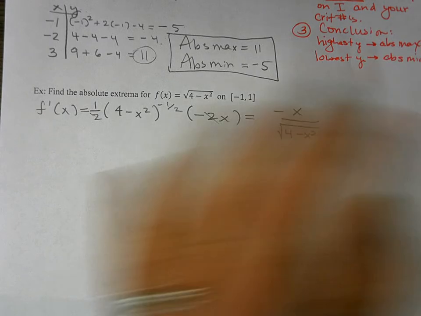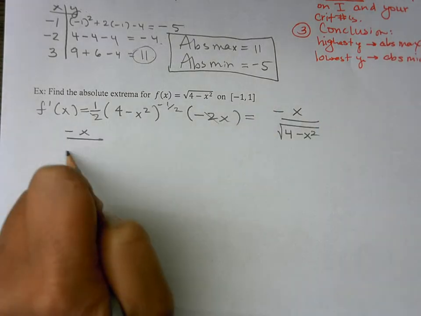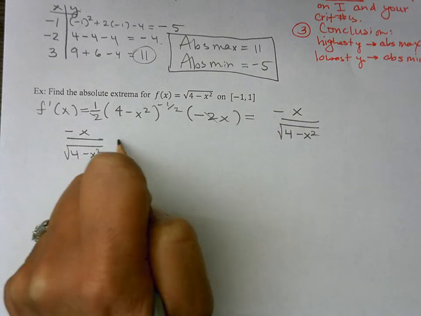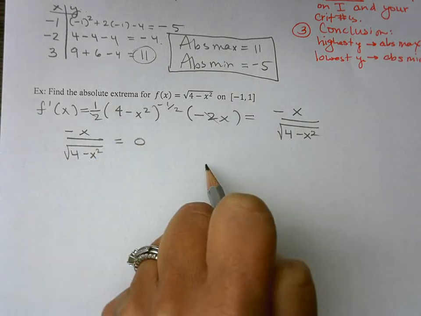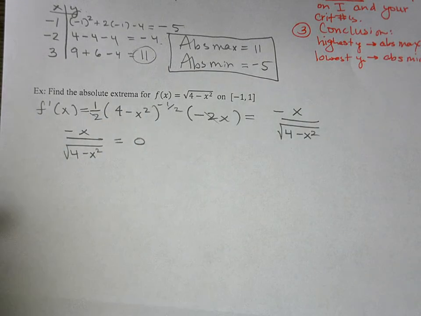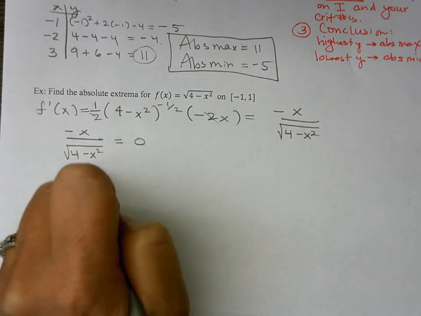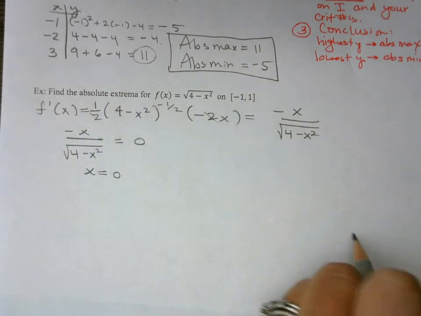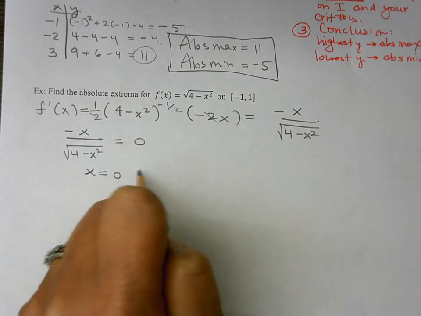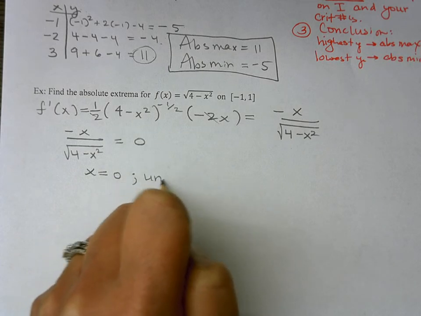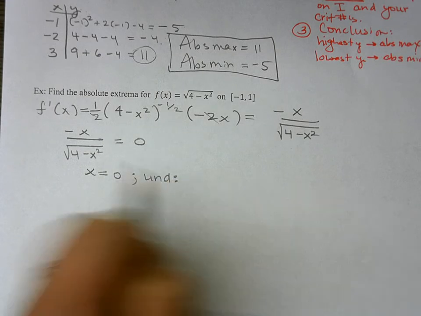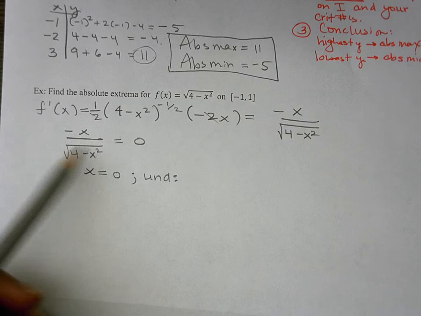So then now to find my critical numbers, I'm going to set this equal to 0, but I'm also going to look to see where it might be undefined. So set this equal to 0. In order for a fraction to equal 0, the numerator must equal 0, so then that means x is equal to 0. And then as far as the undefined values, I'm just going to do that off to the side. So my excluded values, so undefined, would be when this denominator is 0, right?